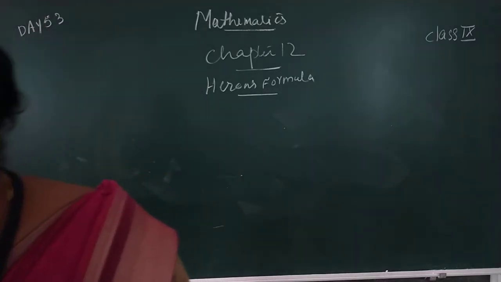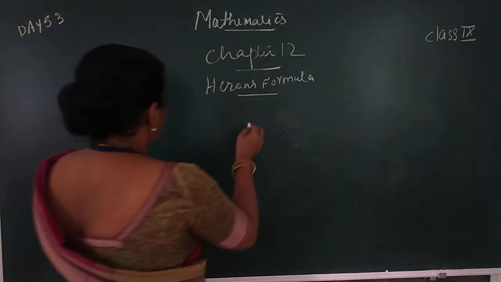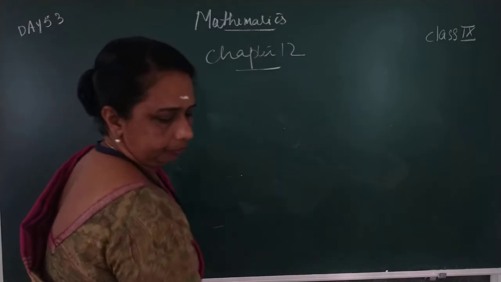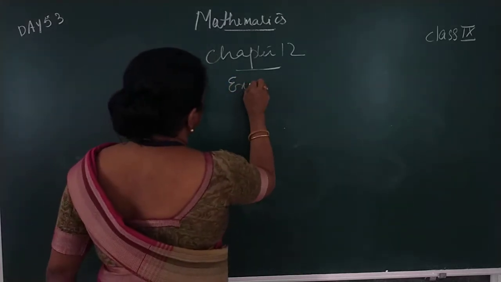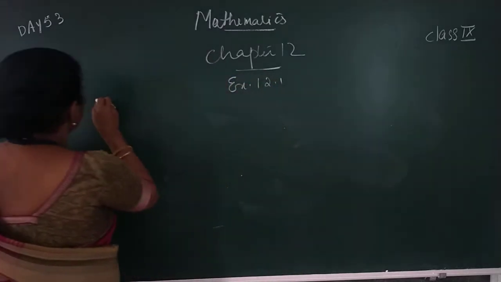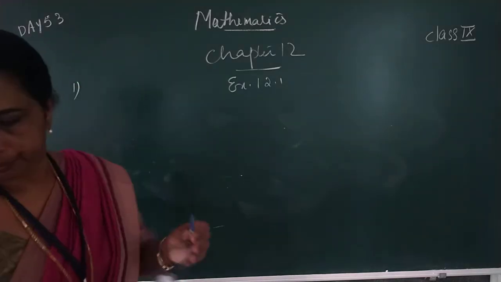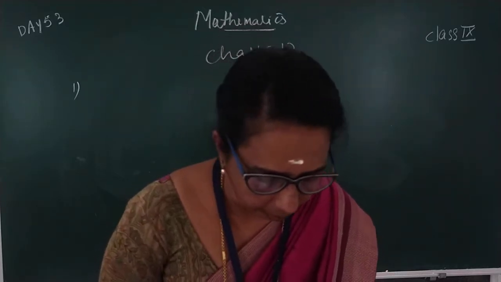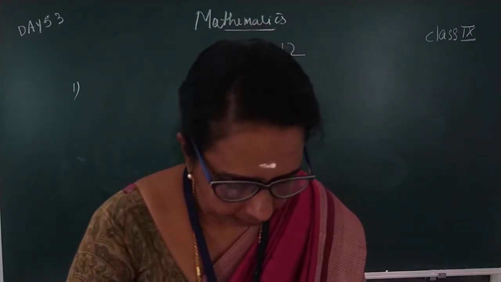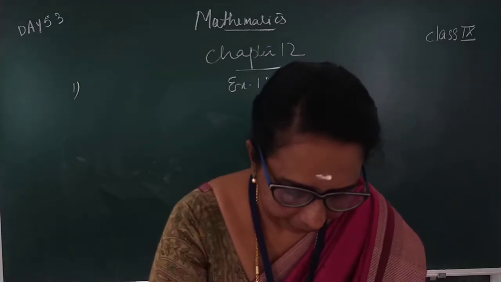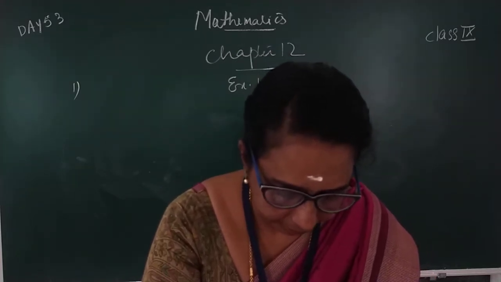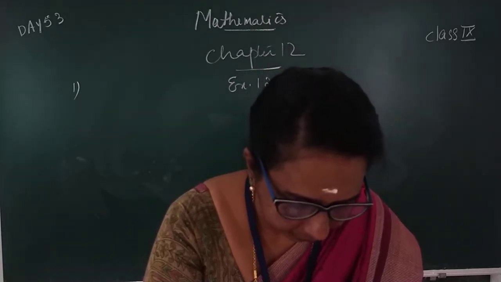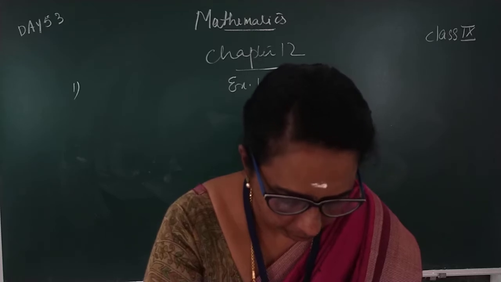A traffic signal board indicating school ahead is an equilateral triangle with a side A. Find the area of the signal board using Heron's formula.